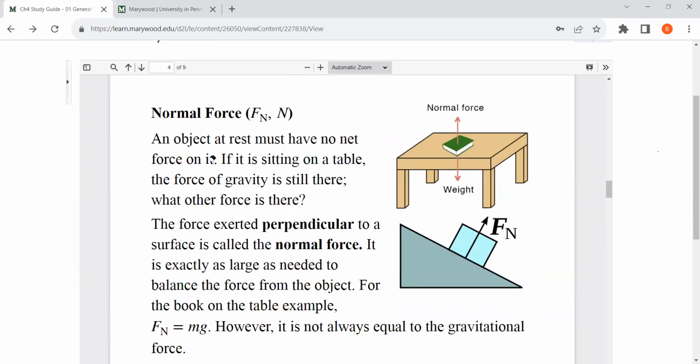So we can think of the table and the textbook as two different objects, and then we can have two different forces of an action reaction pair. But the normal force and weight here are both exerted on the same object, so they are not the action reaction pair of Newton's third law.